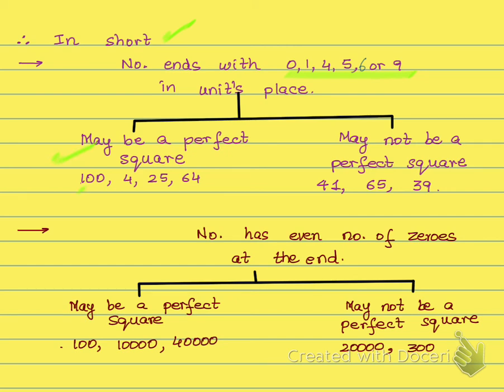So for example, we saw 100, 4, 25, 64. These are all perfect squares. But it's not a compulsory condition and it may not be a perfect square. For example, 39 ends in 9, but it's not a perfect square. 65 ends in 5, but it's not a perfect square. Also, if a number has an even number of zeros at the end, it may be a perfect square, it may not be a perfect square.